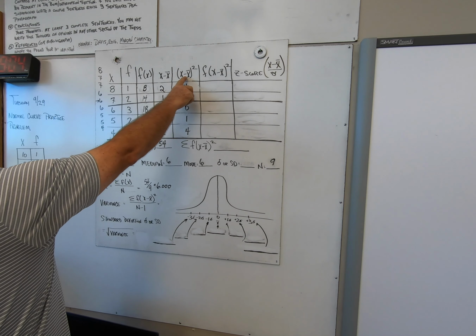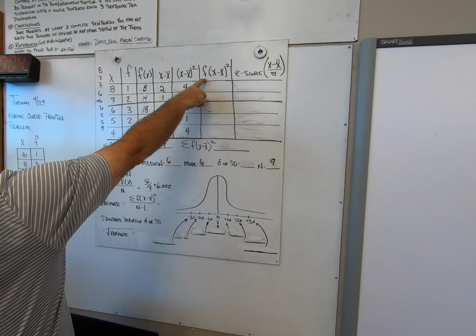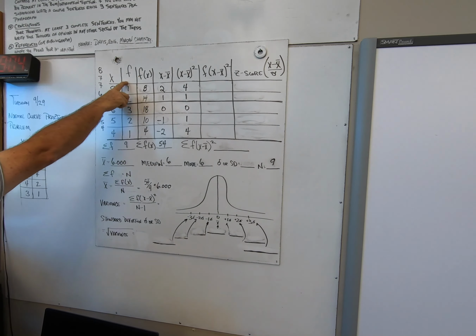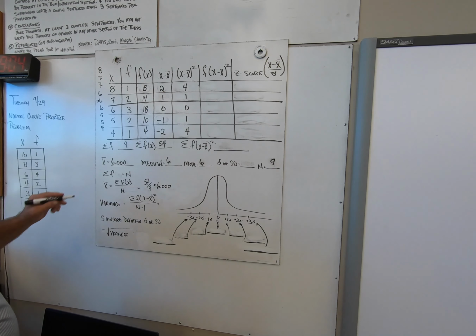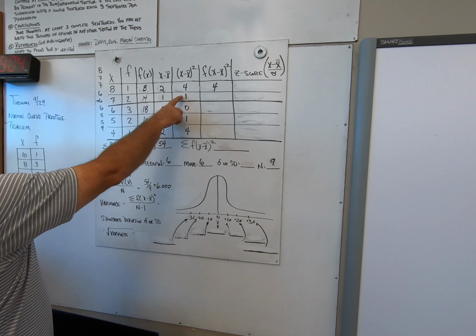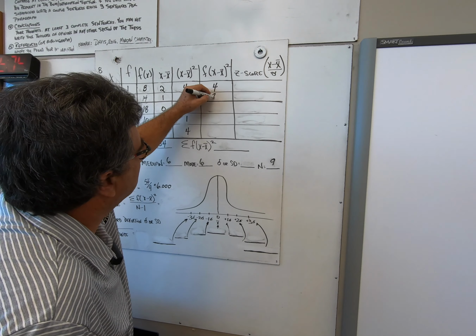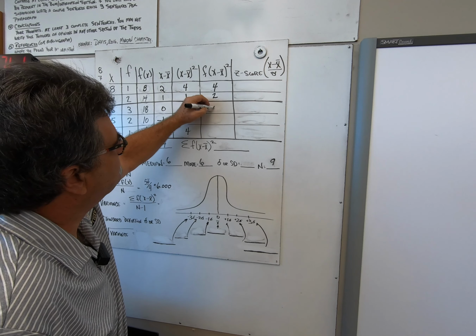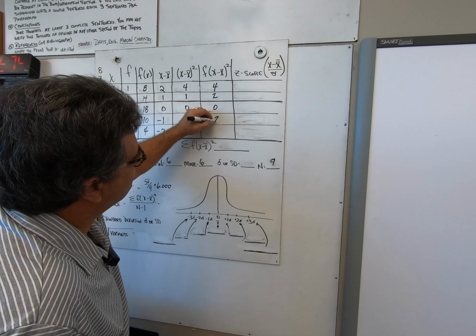All right, what does this column tell us to do? All we did is we took this and put it in that column, didn't we? And then multiply it by what? The F column. So 4 times the 1 is 4. It goes over here. 1 times the 2 is 2. 0 times anything is 0. 1 times the 2 is again 2.